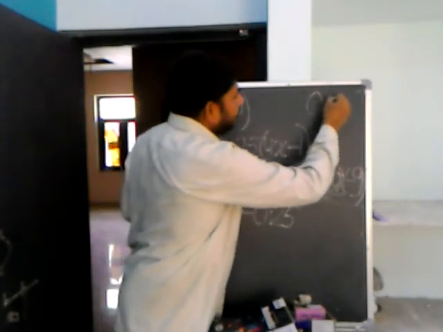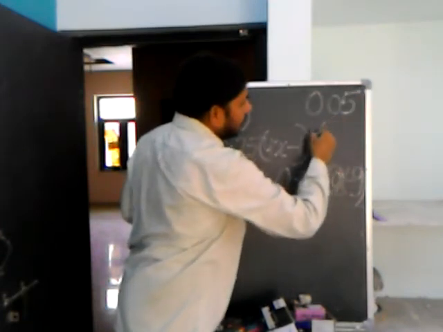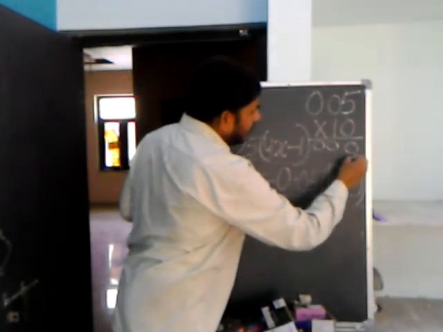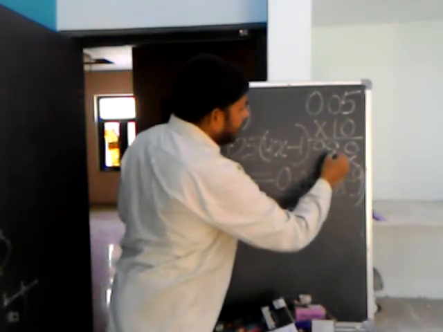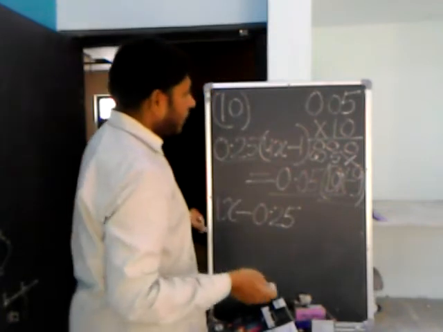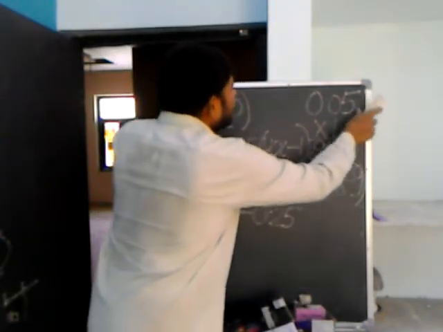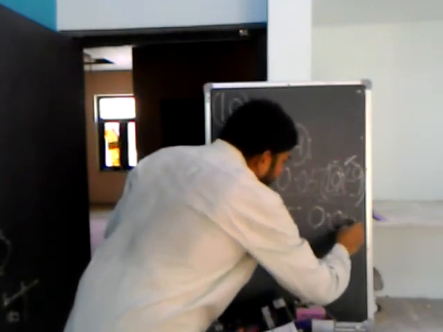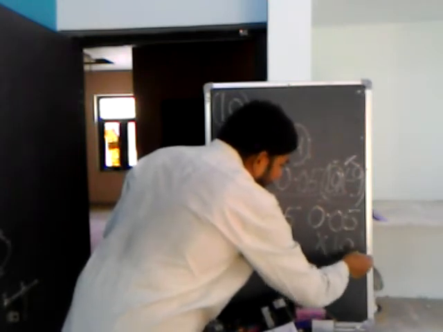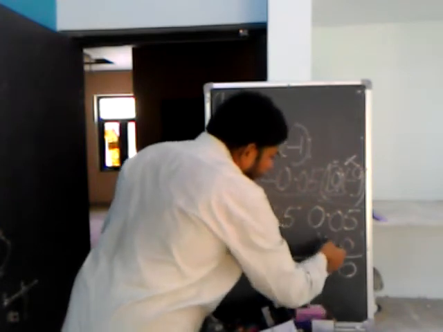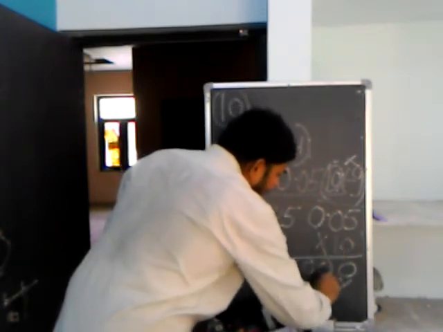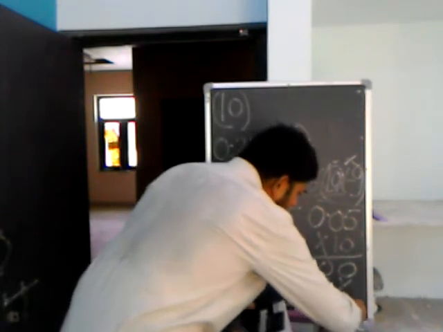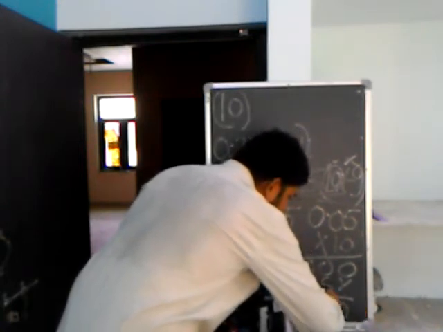So 0.05 multiplied by 10: 0, 0, 0 into 5, 0 and 0. Answer came 0, 5, 0 and 0.